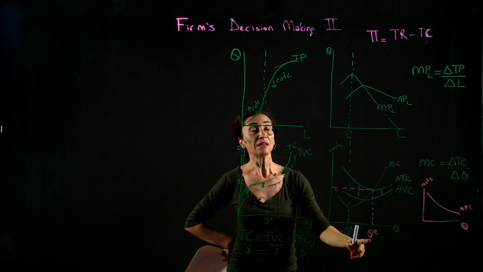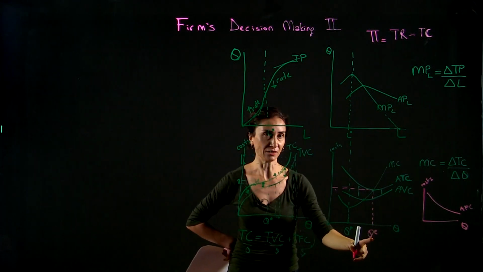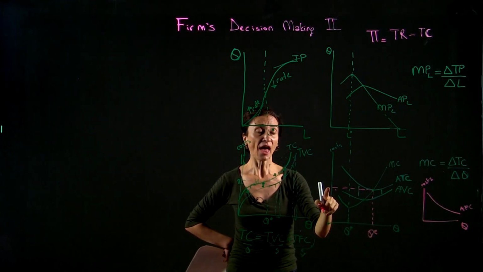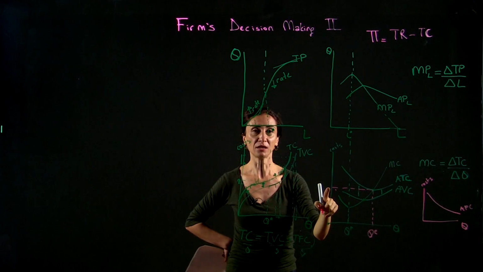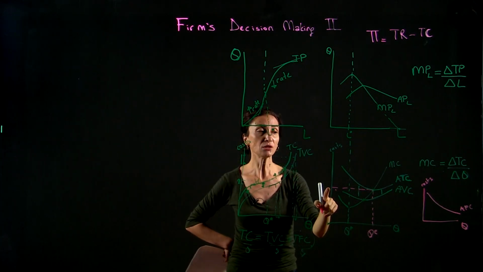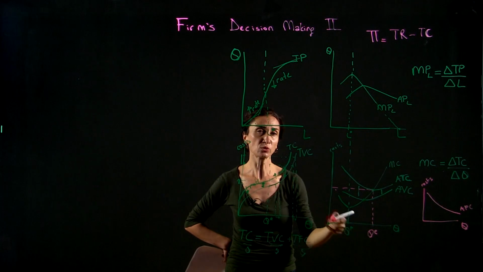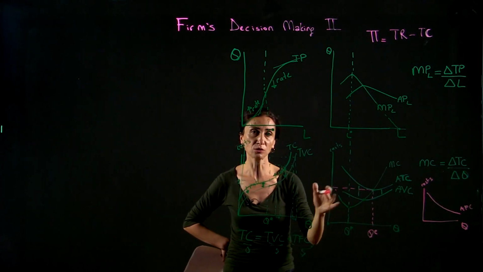For instance, if I produce 30 sandwiches, the average cost of producing each sandwich is the lowest. Will you choose this amount to produce because you are minimizing your average total cost?